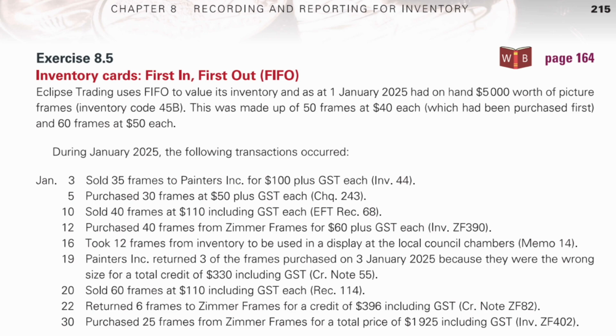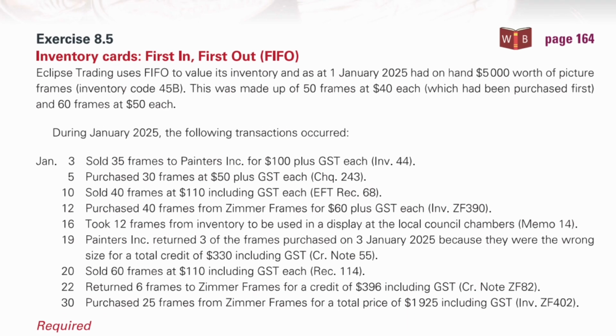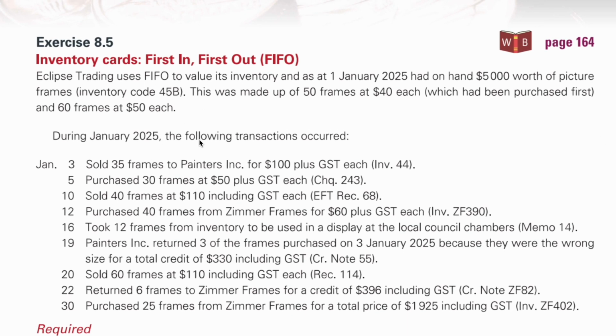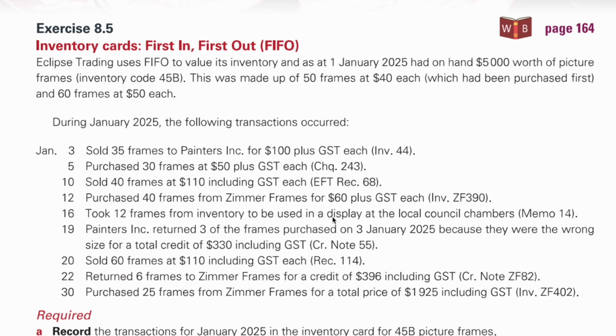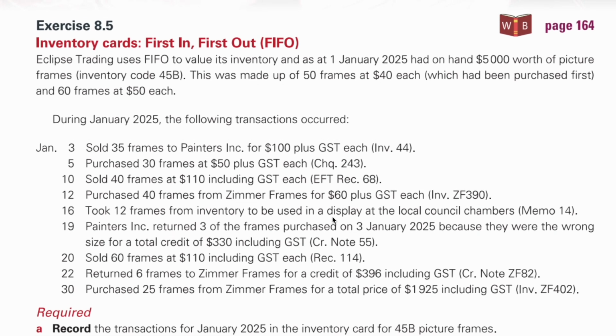So key bit of information there. And 60 frames at $50. So we have the information here from Jan the 3rd on to 30th of Jan. Remember, we can't forget 1st of Jan as well. So let's see what the question is asking. Record the transactions for January 2025 in the inventory card for 45B picture frames.